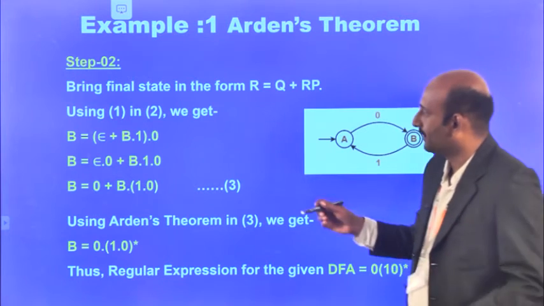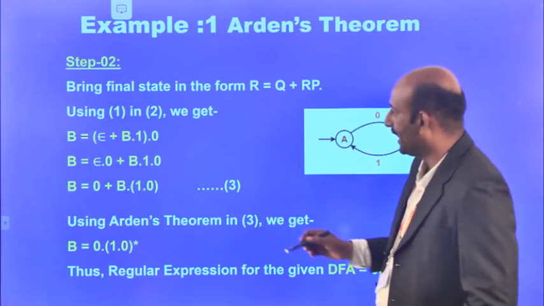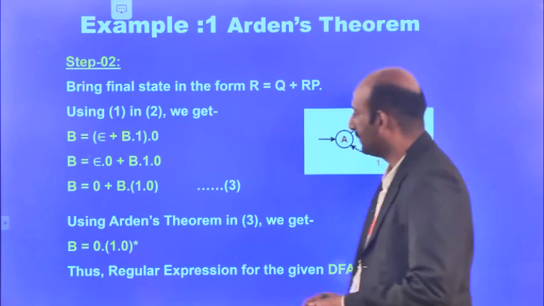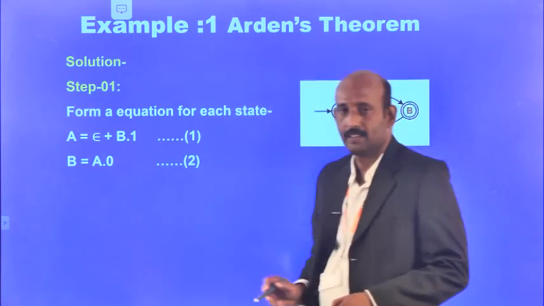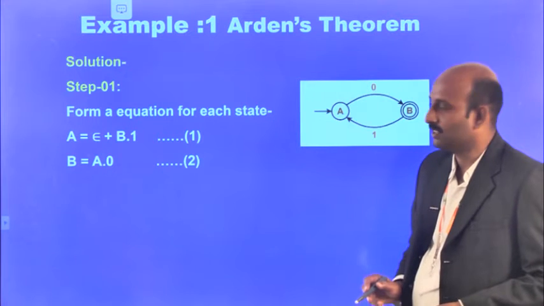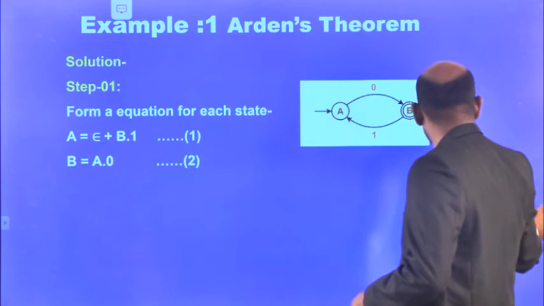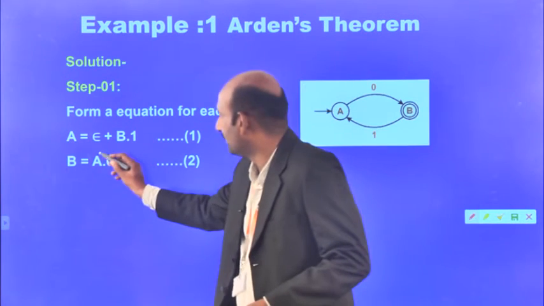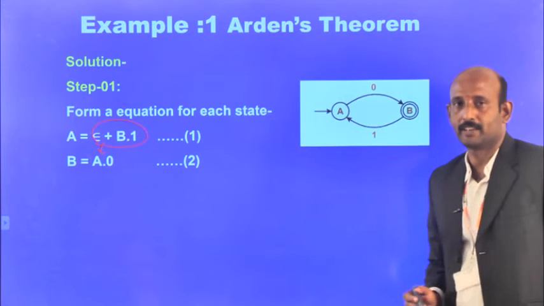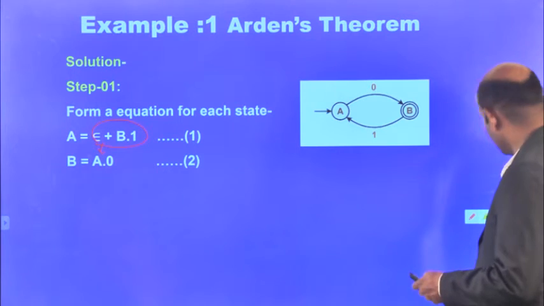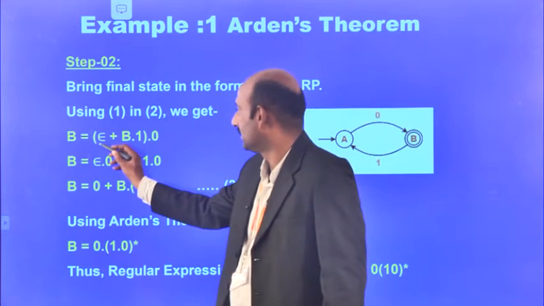In this, we have to substitute repeatedly. So B equals A dot 0 from the previous step, where in the place of A we substitute epsilon plus B1. We are going to substitute this here in the equation.